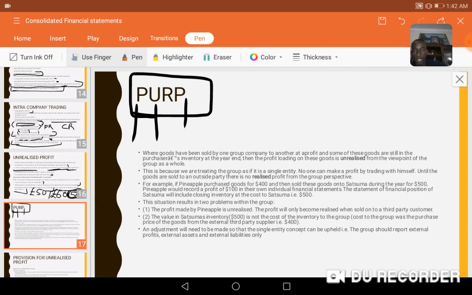This thing is important: the viewpoint of the group. Remember, here we are working with the group or intra-company trading. In the viewpoint of individual companies, it will be normal, it will be realized. But under the group, it is deemed unrealized. This is because we are treating the group as if it's a single entity.